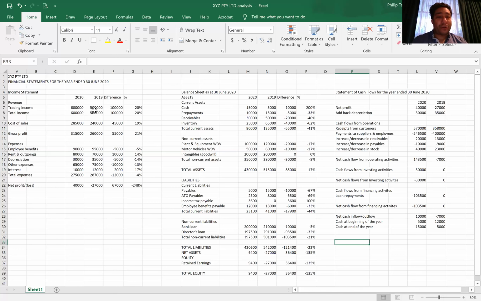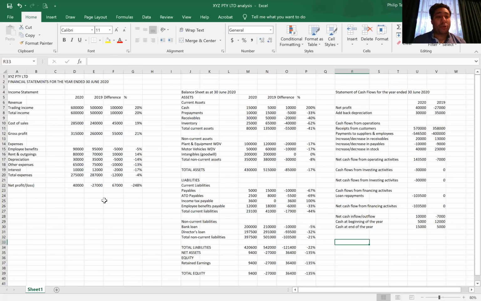In 2019, $500,000. What does that mean? Well, one way of analyzing it and interpreting it, we say it means that in 2020, the business has increased its income, its sales income by $100,000 or by 20% as compared to last year.